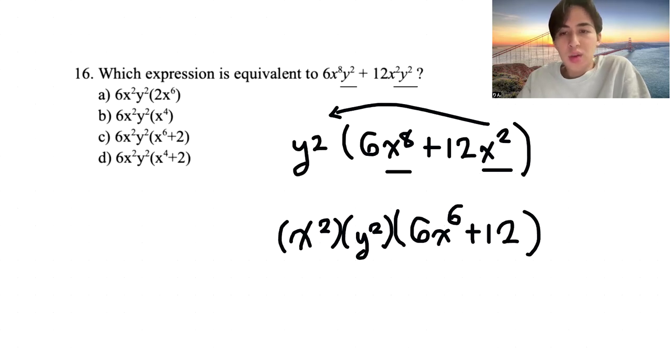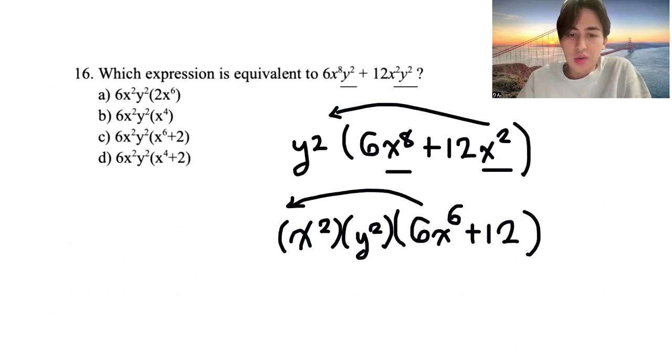Now there's one more step we have to do to find the equivalent expression, and that is to take out the common coefficient. So 6 and 12 will both have a factor of 6, right? So you can take out this 6, which will leave the 12 with 2, because 12 divided by 6 is 2.